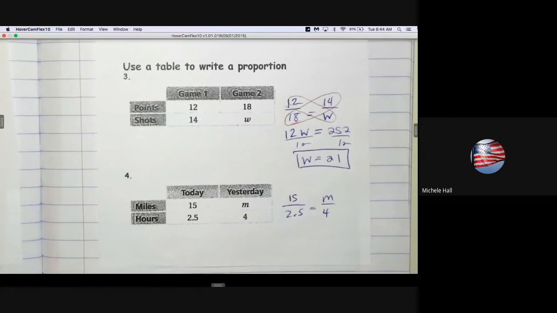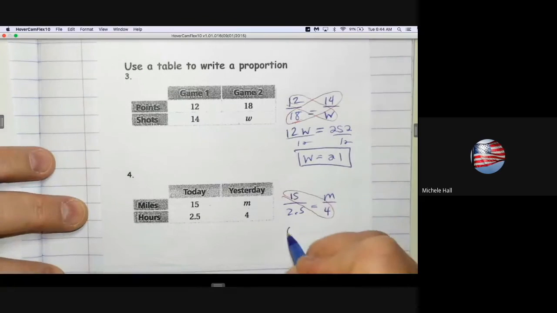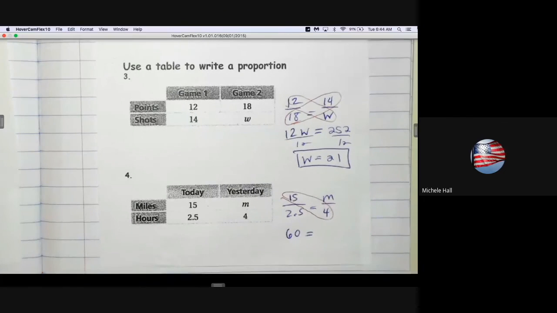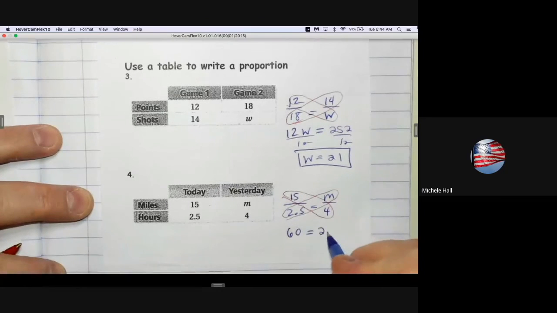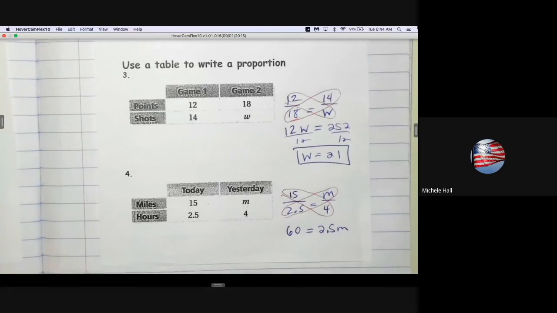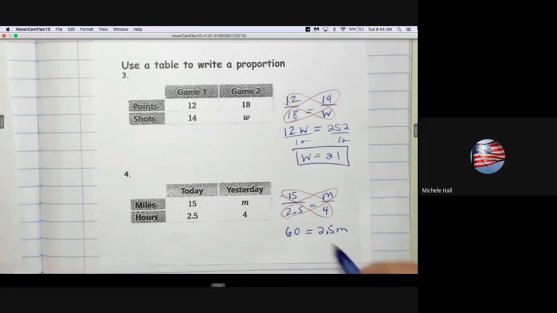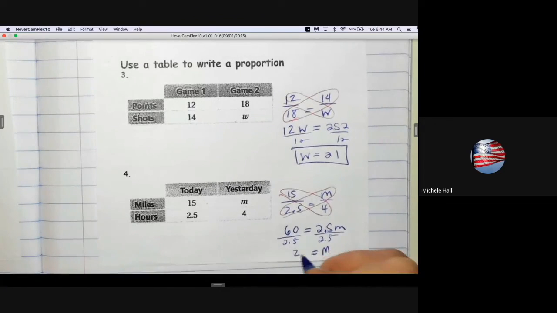Cross multiply. 15 times 4 is 60 equals 2.5 times M. We have a one-step equation, and now we can divide out 2.5, and we get M equals 24.